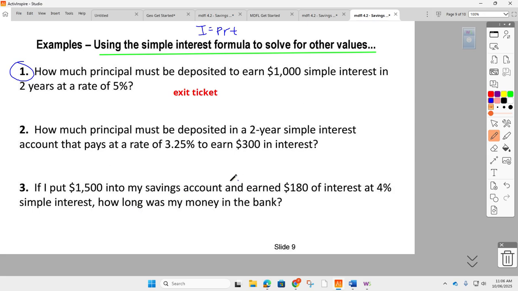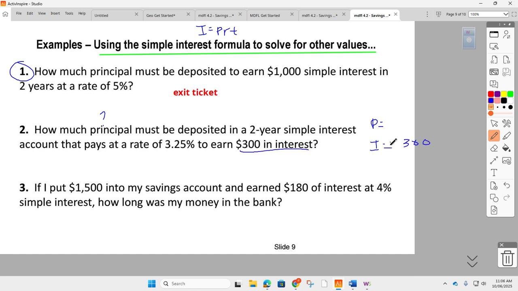How much principal must be deposited in a 2-year simple interest account that pays at a rate of 3.25% to earn $300 in interest? So the principal is what we don't know. That is going to be our final answer, right? We do know our interest. They tell us here.